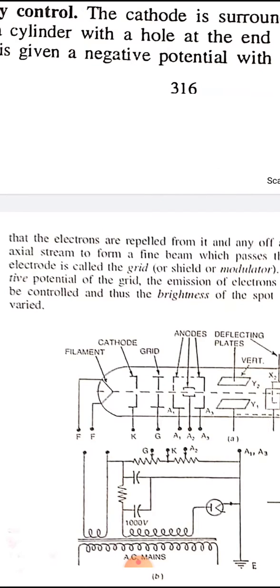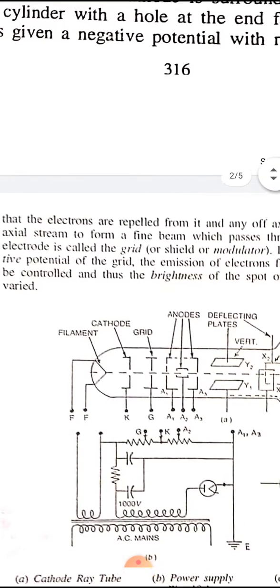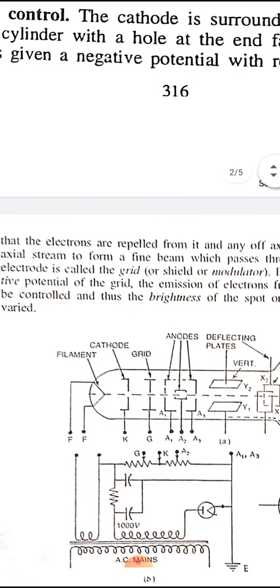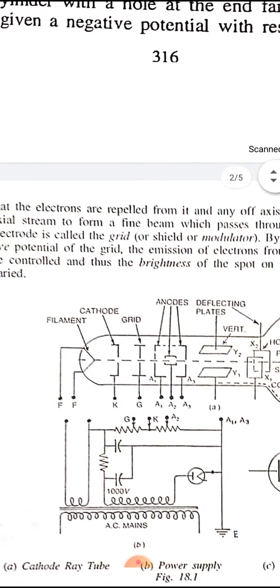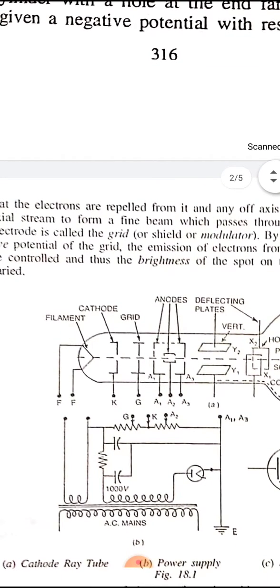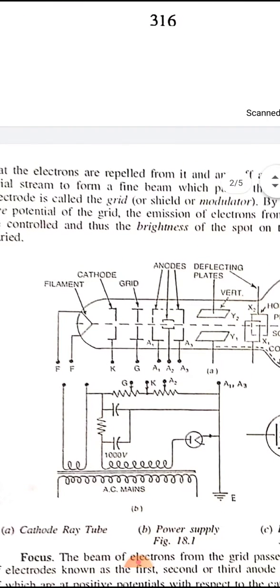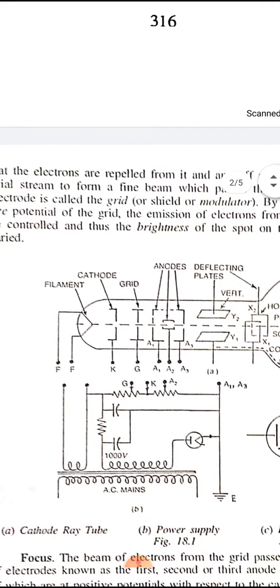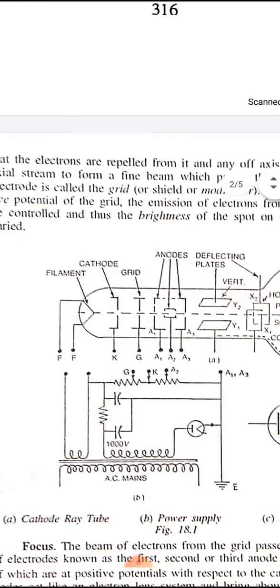Its main parts are the electron emitter, which is called the cathode K, a device to control the intensity called the grid G, accelerating and focusing electrodes A1, A2, A3 known as anodes, deflecting plates vertical Y1, Y2 and horizontal X1, X2, and a screen which fluoresces with electrons impinging on it.